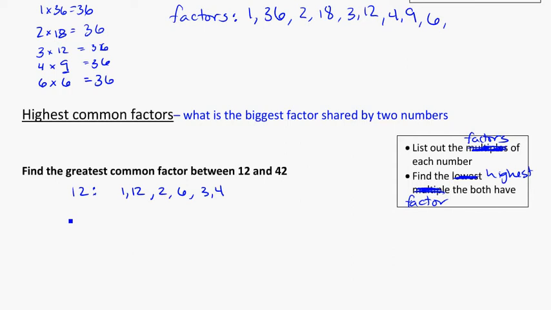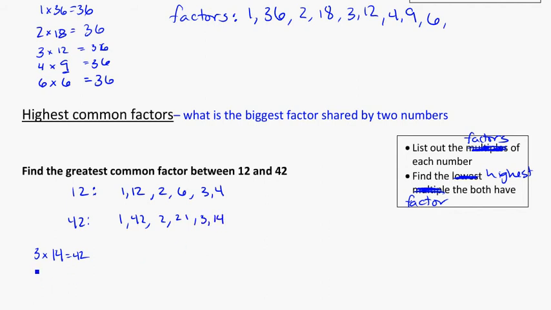That's it. Factors of 42. 1 times 42, 2 times 21. What else do we have? 3 times 14 gives us 42, so we can put 3 and 14.